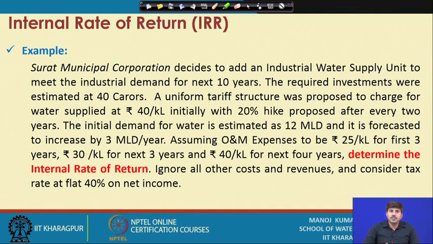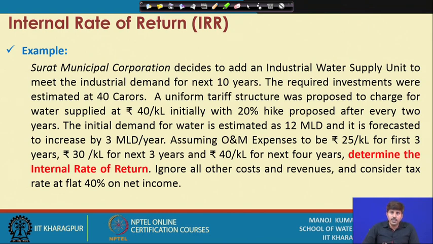The tariffs are provided, and the O&M expenses per unit of water consumed are provided. The task is to determine the internal rate of return, ignoring all other costs and revenues, at a flat 40% tax rate on net income.